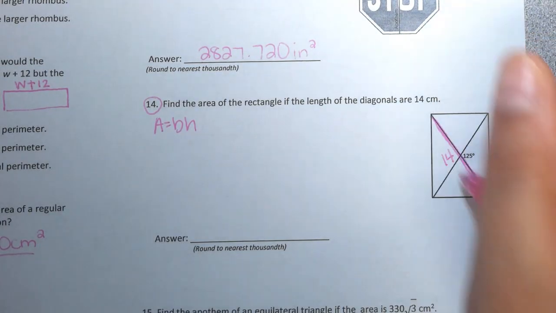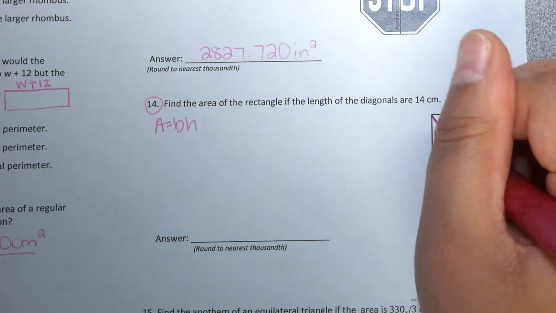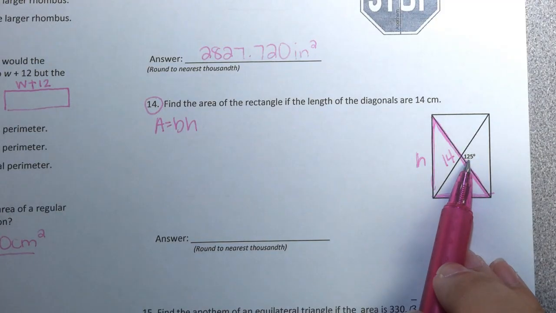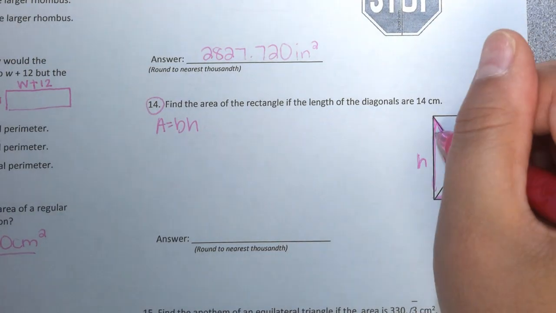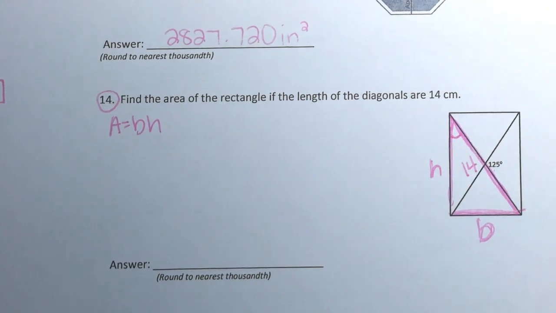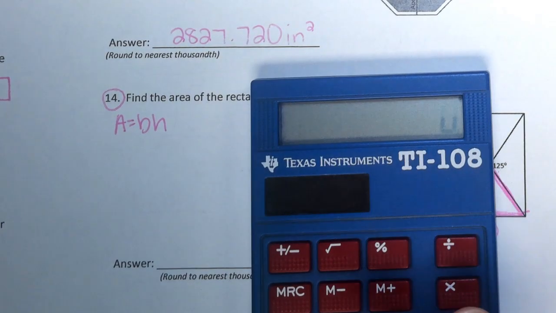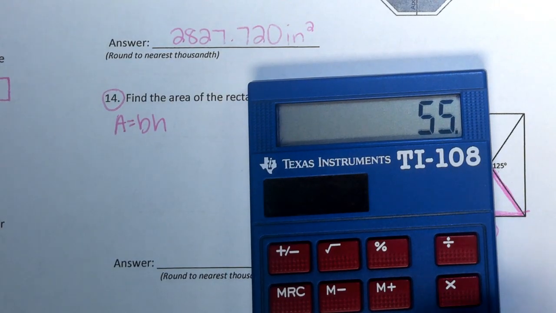Do you agree that down here is the base? Yeah. Do you agree that right here is the height? And do you agree if this is 125, this is also 125? How can I find this angle right here? Like this. 180 minus what? 125 is 55, and then what?